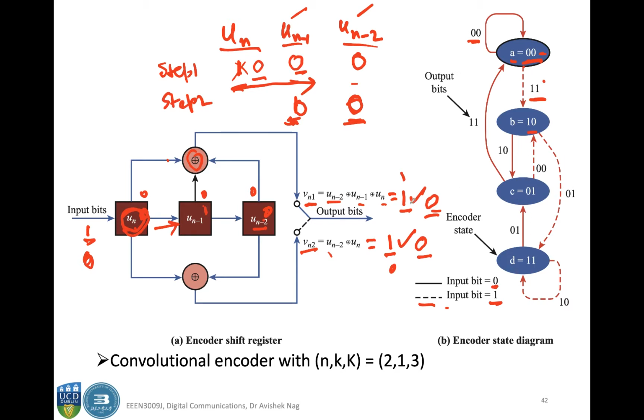It all depends on these relationships, and these numbers signify the output. So when you are in state 0 0 and your input is 0, you remain in the state 0 0 with an output 0 0. When you are in state 0 0 and your input is 1, you go to state 1 0 with an output 1 1. Now let's analyze the case for 1 0.